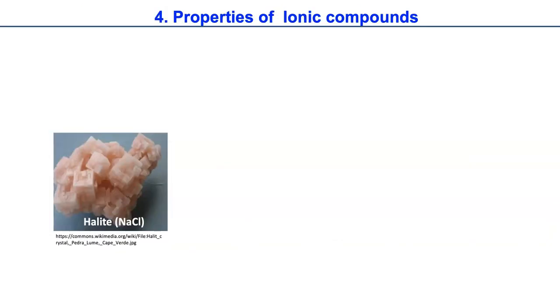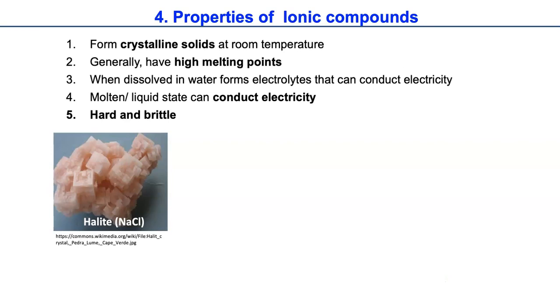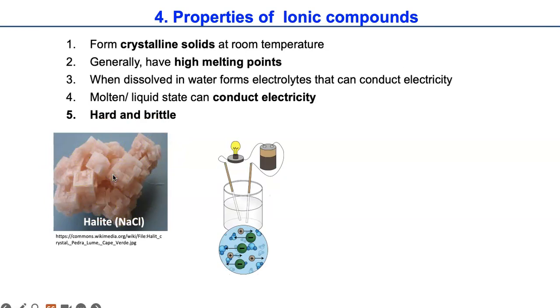And now let's look at properties of ionic compounds. They form crystalline solids at room temperature, as I've shown over here. This is like the pink Himalayan crystal salt, halide, and they generally have high melting and boiling points. When dissolved in water, they form electrolytes, and if you dissolve an electrolyte in water and you connect a circuit, electricity will flow through because there are free ions moving around.